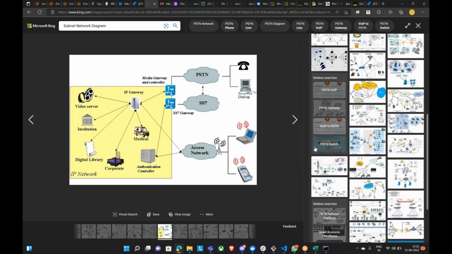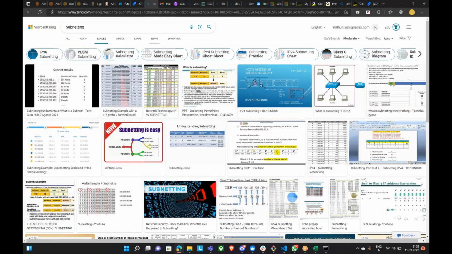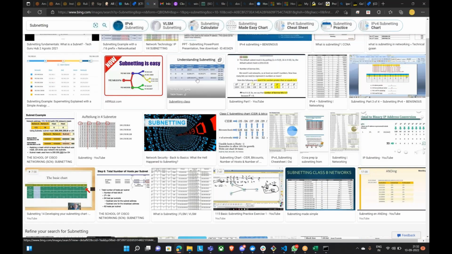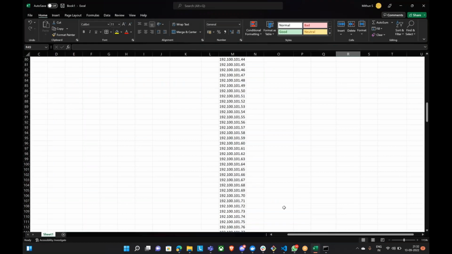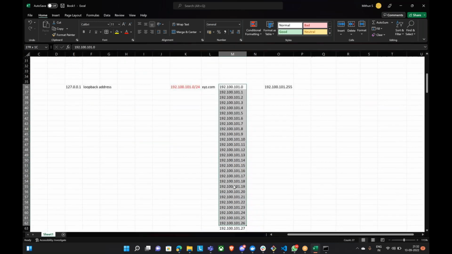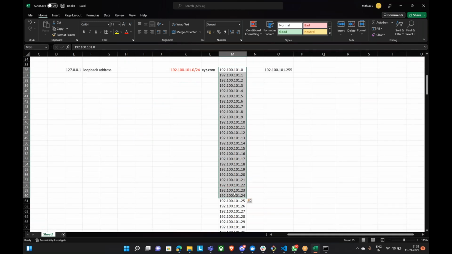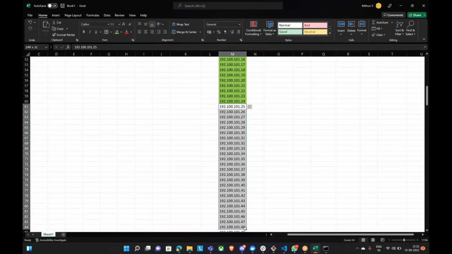Clear? So this is the thing. See here, subnetting is dividing the big network into small chunks. If I show it in Excel, I'm just giving an example: this much to team green, then this much to team orange, I'm just picking randomly.